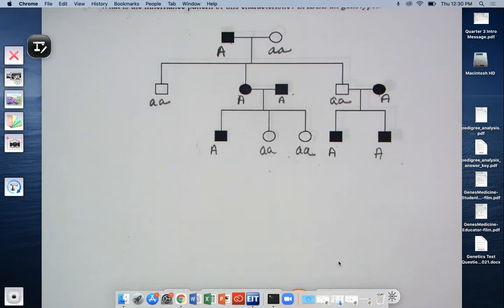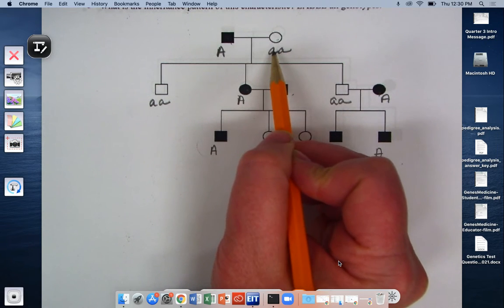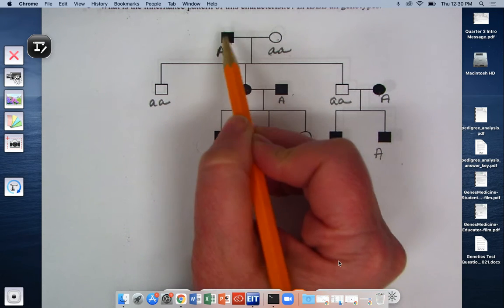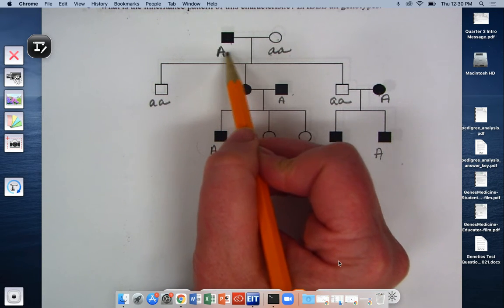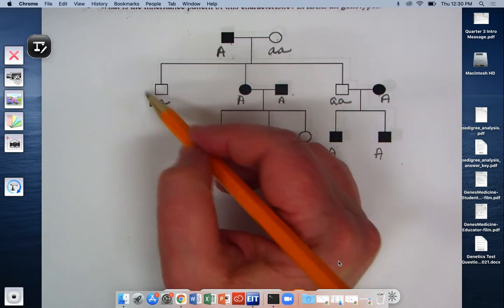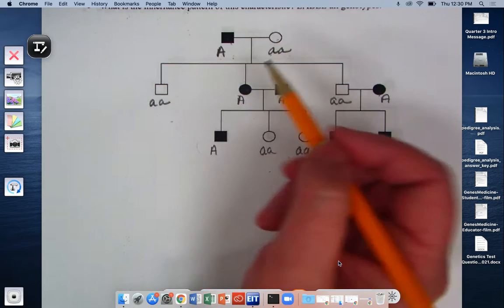This is how I start. Now you have to understand genetics, which I hope by now you know that this parent is either going to give this little a or this little a. This parent is going to give this a or something else, whatever they have, to their child.